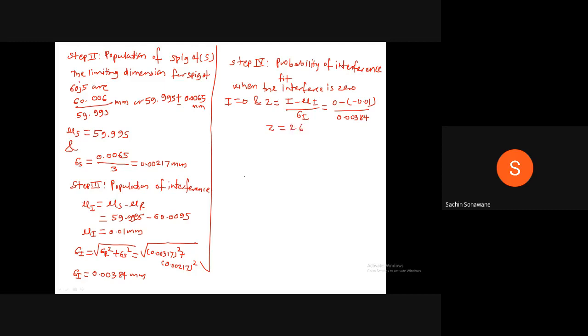Now we'll draw the graph. This is 2.6. This is 0. Now here I is equal to 0, that is up to Z is equal to 2.6. There is no interference.